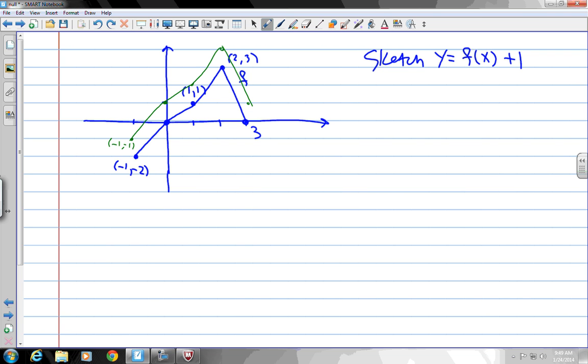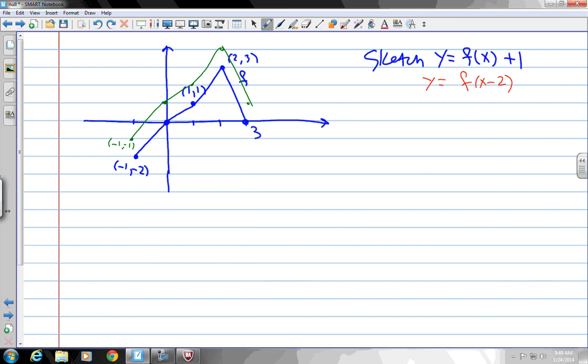So that wasn't bad. How about sketch y equals f of x minus 2? How would we accomplish that? So where am I going, left or right? Right. So every x increases by 2.